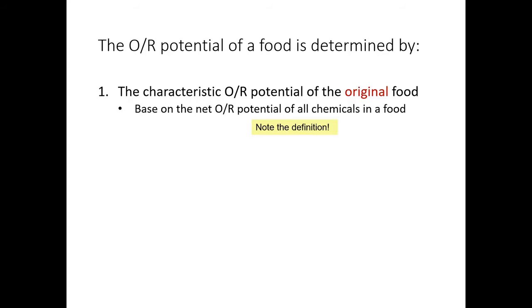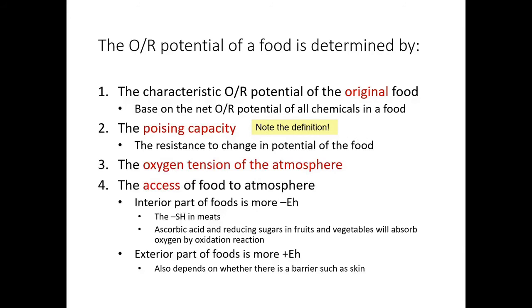So really the big thing about oxidation reduction, how I think about it, is it is the amount of oxygen available to the food, the amount of oxygen in the food, the availability of oxygen.